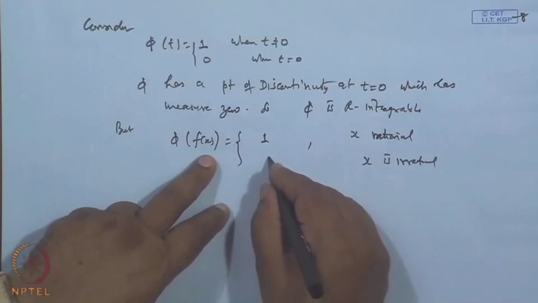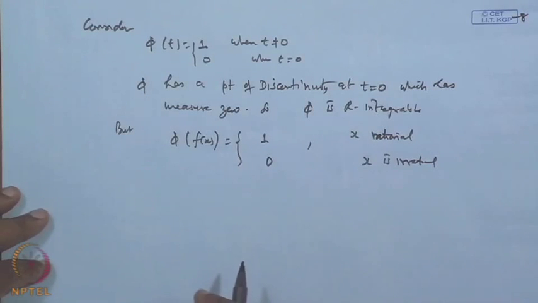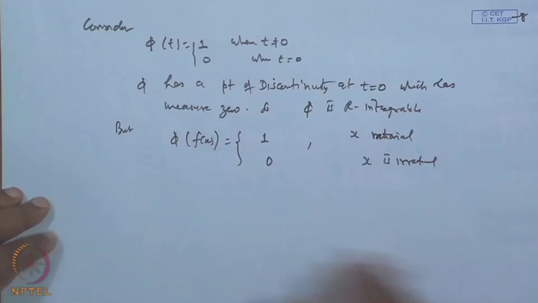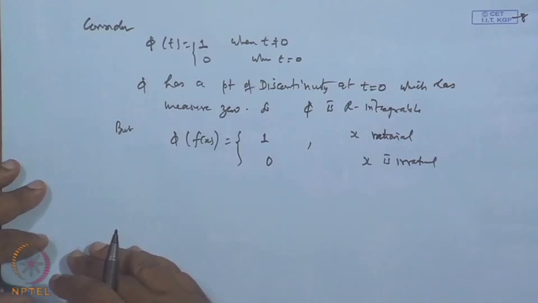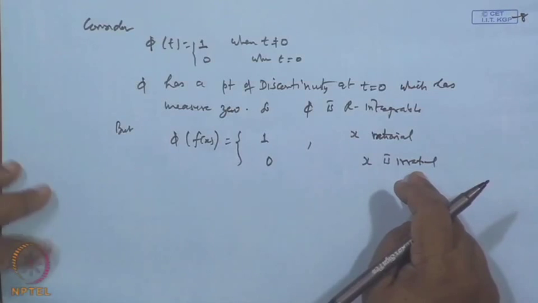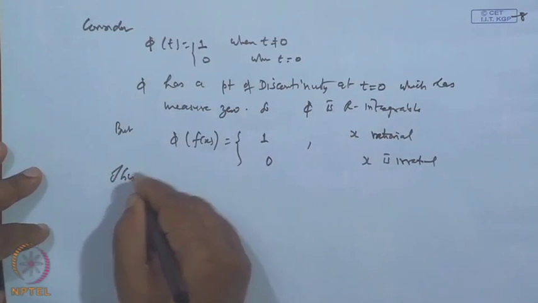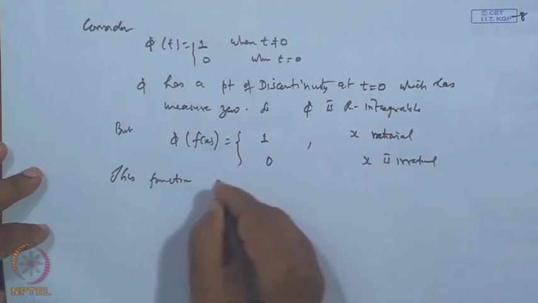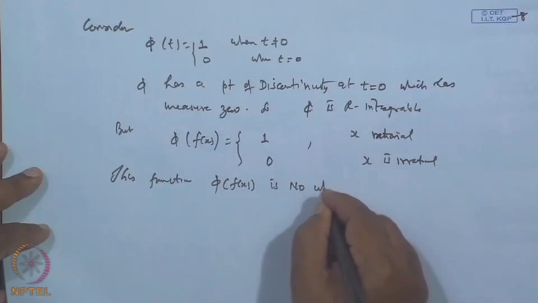So, at a rational point the value is 1, and 0 when it is irrational. So this function phi of f(x) is nowhere continuous.